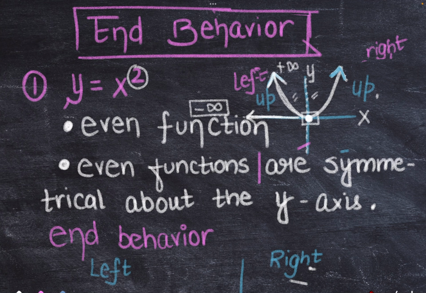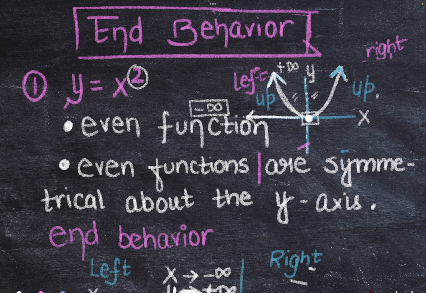So that is what is happening on the left hand side. So how do I write down the end behavior? I say that as x is going towards negative infinity, y is going towards positive infinity. So that is what the left hand side end behavior is.